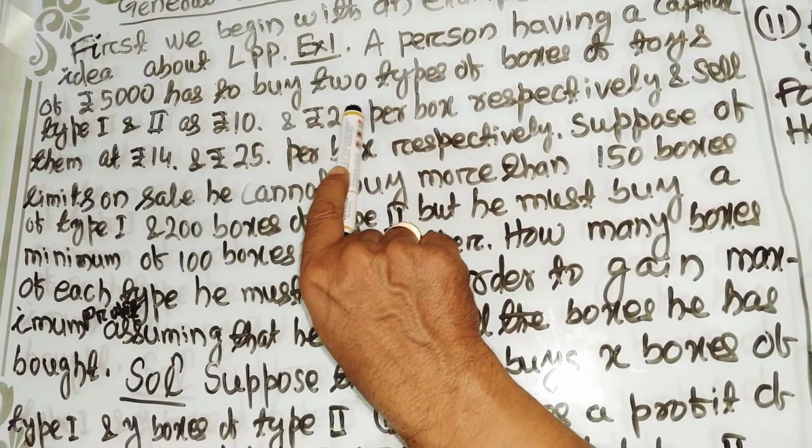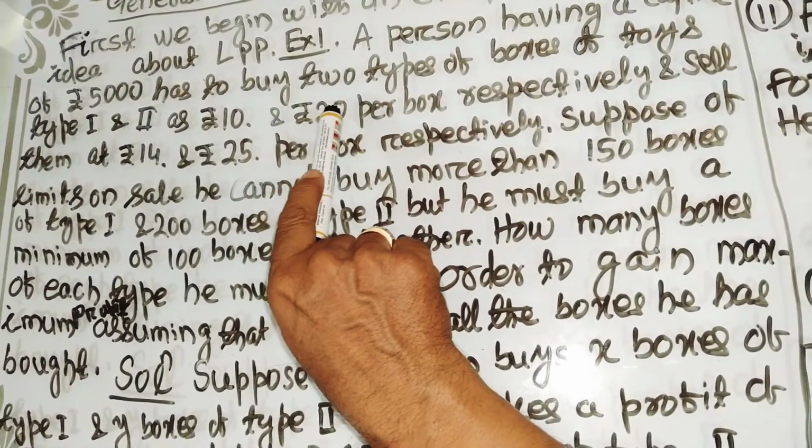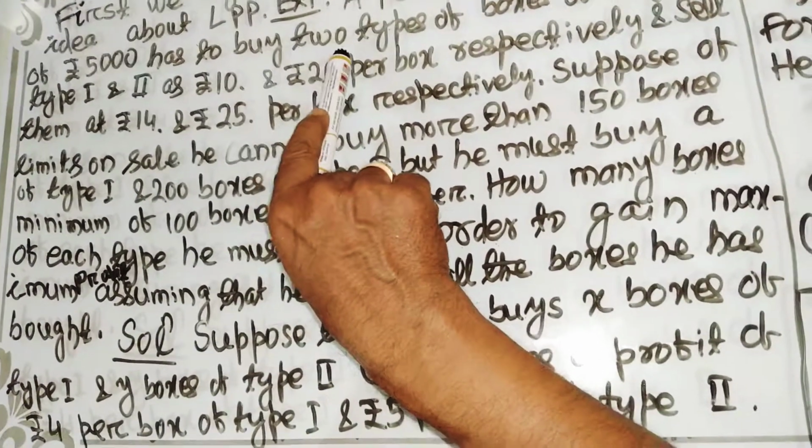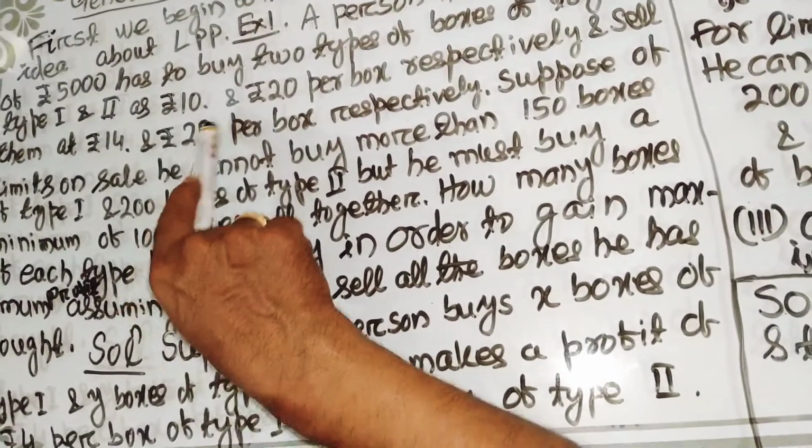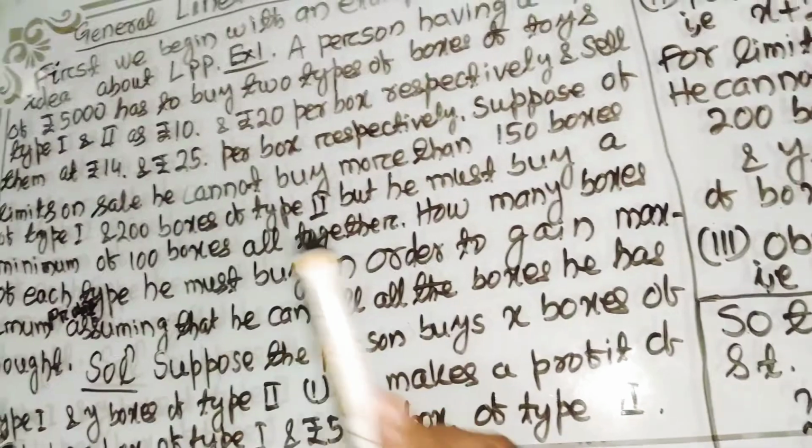And for type 2, he buys at 20 rupees and sells at 25 rupees. So the profit is 5.